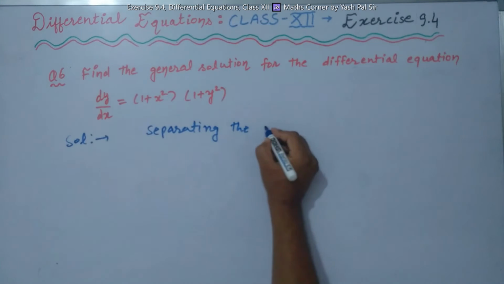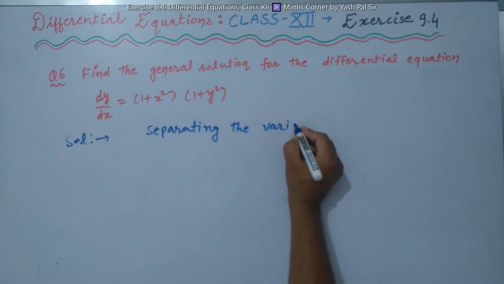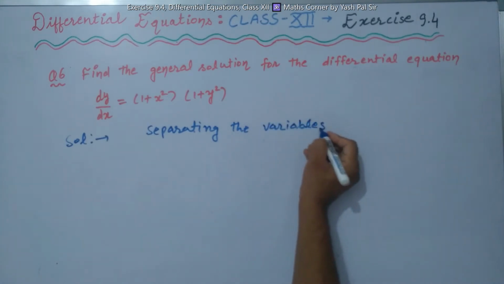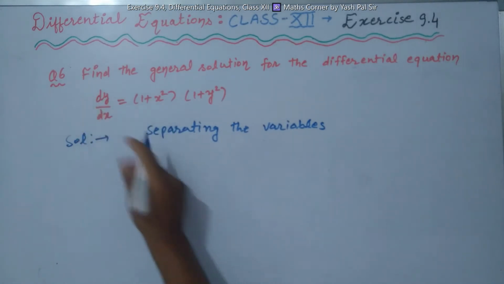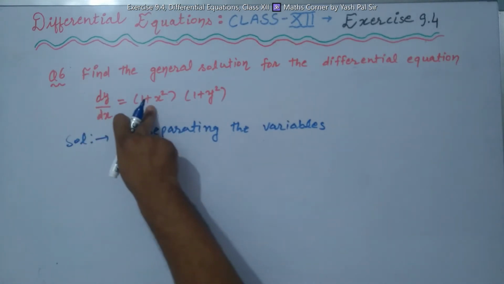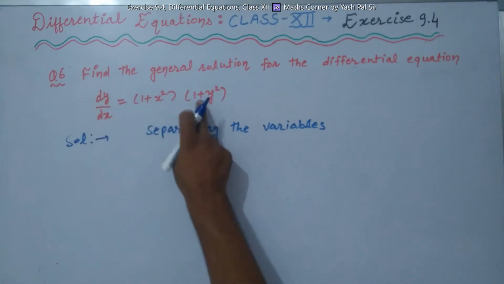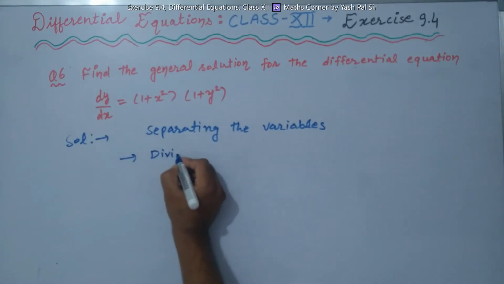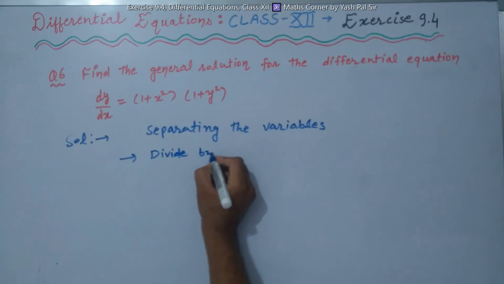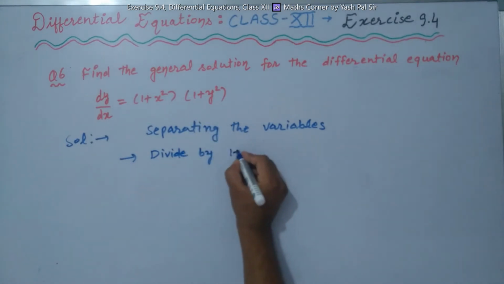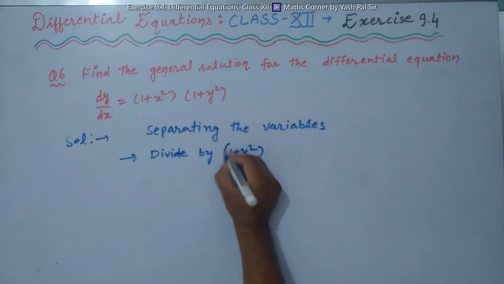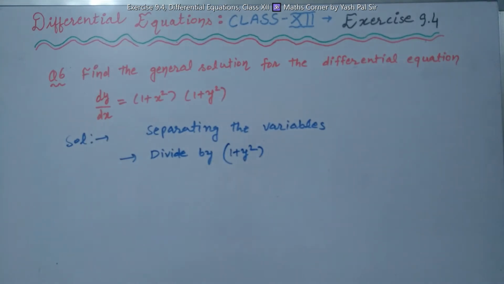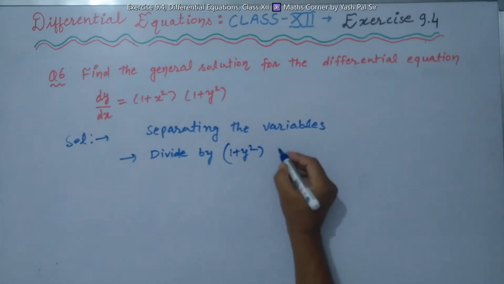Separating the variables. How to separate them? We divide by 1 plus y square both sides.